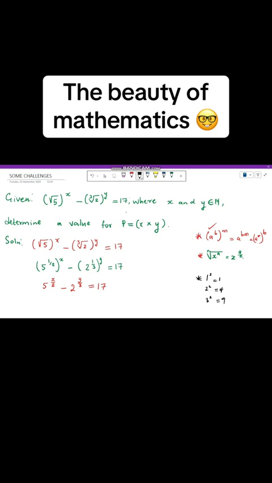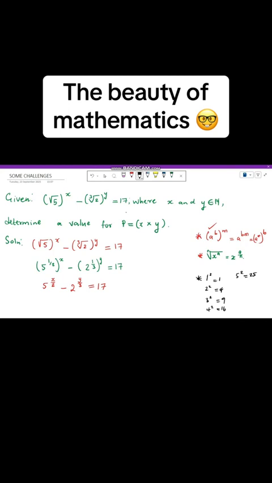We also know that 4 squared is 16, and we also know that 5 squared is 25.